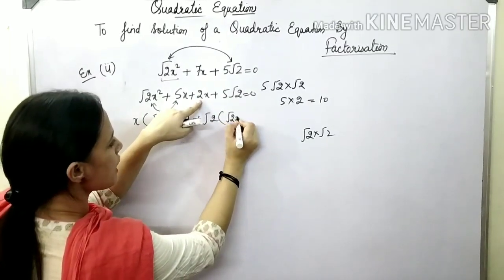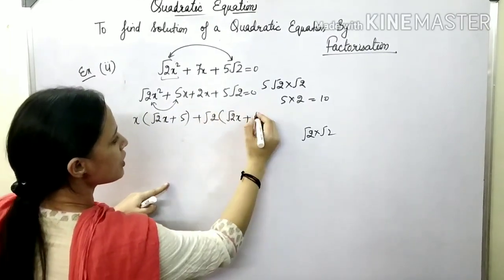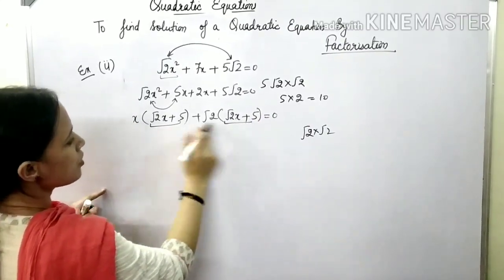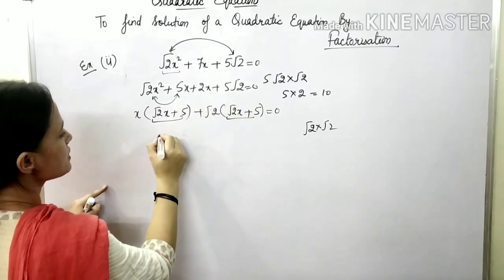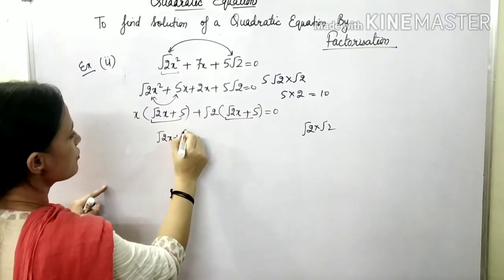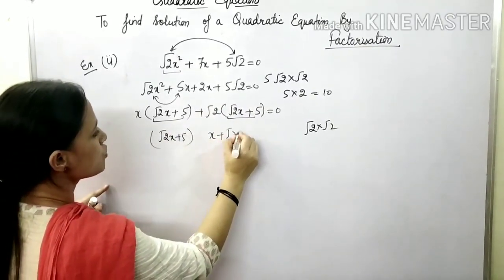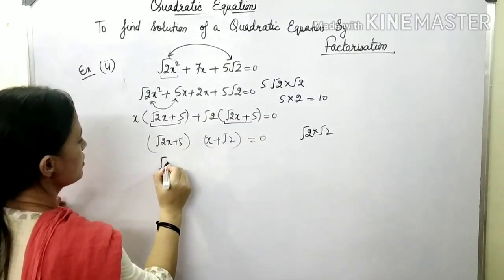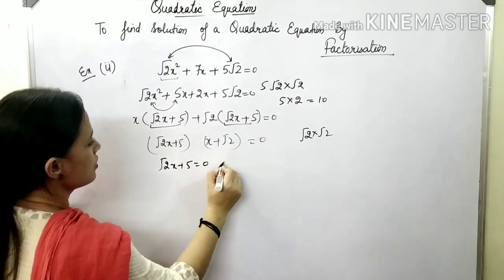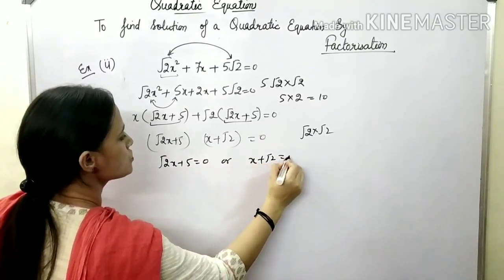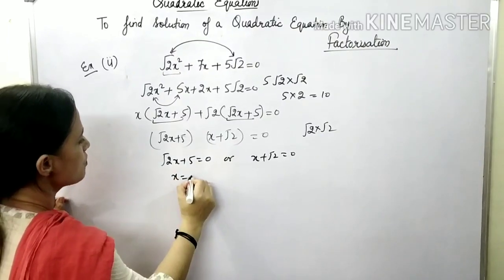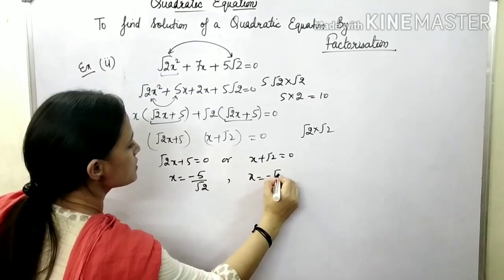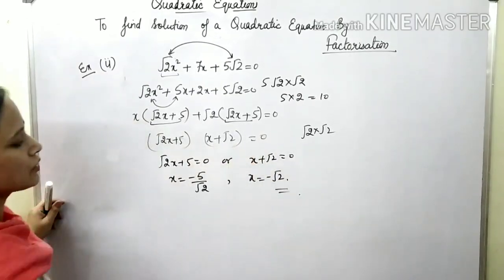So root 2 x plus 5 we have already taken, and you should always check it with the common terms. So we have got the factors as root 2 x plus 5 and x plus root 2. So the values of x, we equate each to 0, that is, root 2 x plus 5 equal to 0 or x plus root 2 equal to 0. That is, x is equals to minus 5 upon root 2 and x is equals to minus root 2. So we got the values of x.